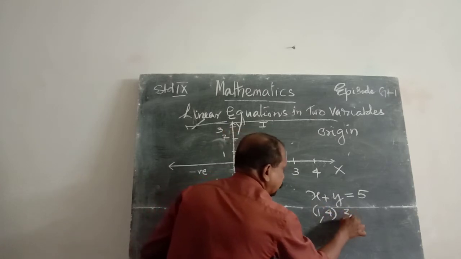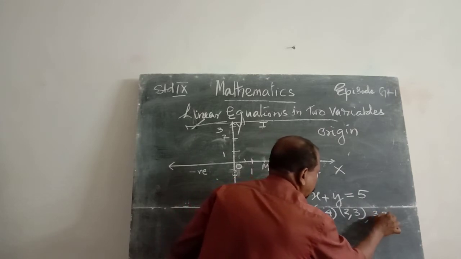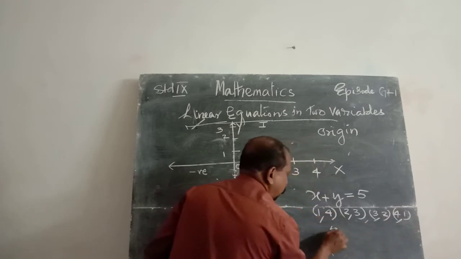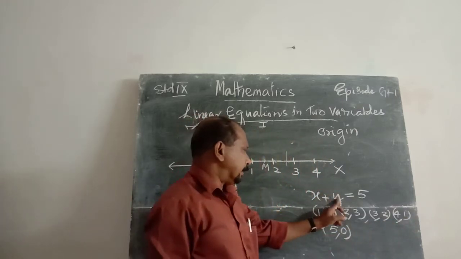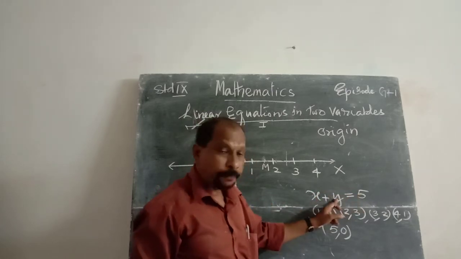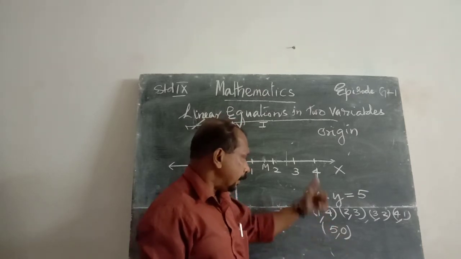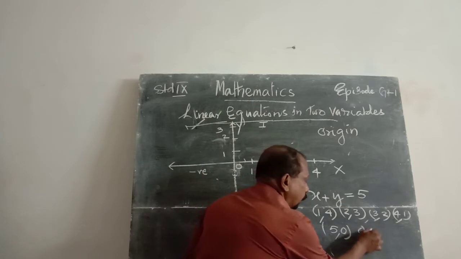Second point is 2, 3. Third point is 3, 2. Fourth point is 4, 1. Fifth point is 5, 0. Then if y is 0, x is equal to 5. Similarly, if x is equal to 0, what is y? y is 5.